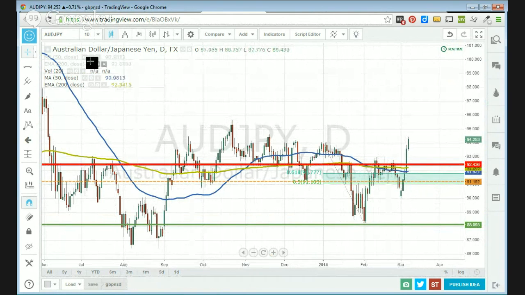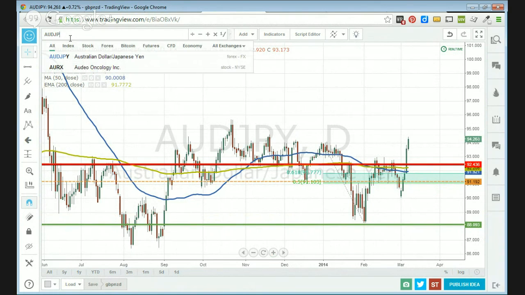If it goes to this resistance level here, that could be an interesting short. The yen is showing a lot of signs of weakness, though. I'm not sure shorting the yen, excuse me, going long the yen is the right opportunity. Shorting any yen pair is really not what I'm interested in based on how the yen is behaving.